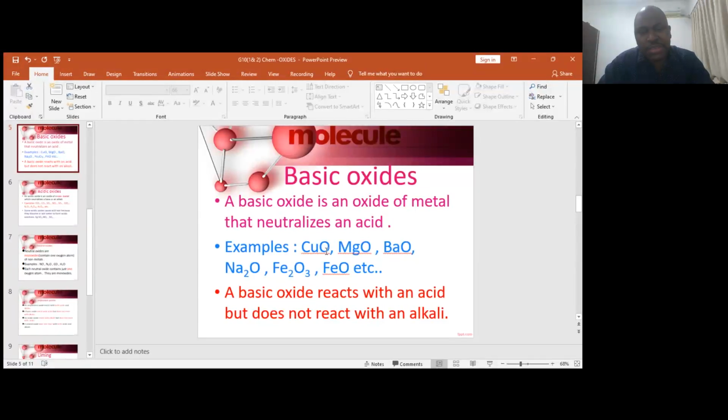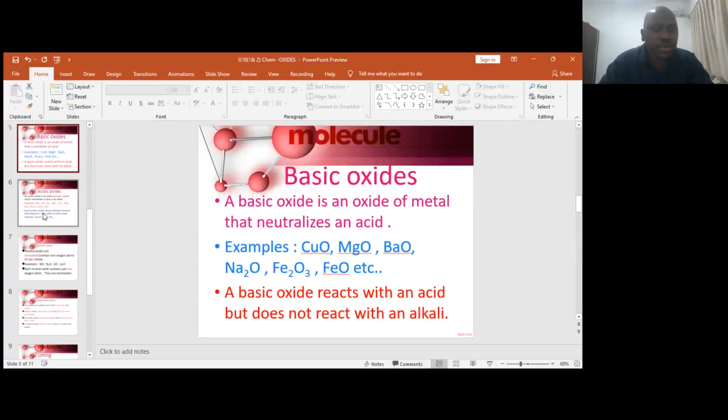Z stands for zinc, L stands for lead, A stands for aluminium, and T stands for tin. So oxides of other metals like copper, magnesium, barium, those ones are basic oxides. They are called basic oxides because they react with acids. Of course, they don't react with alkali.